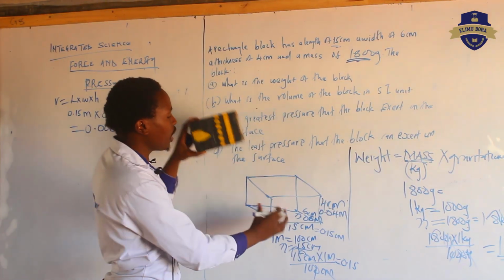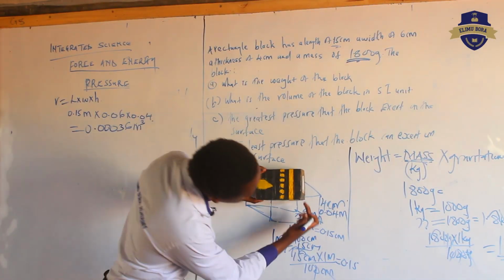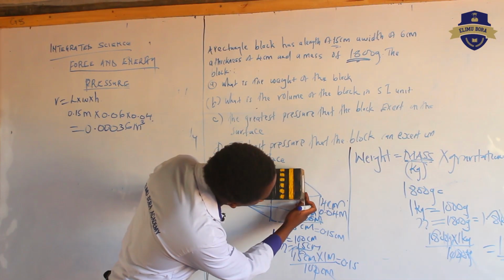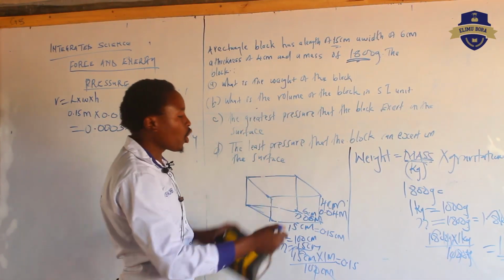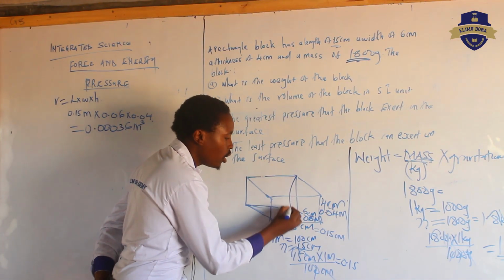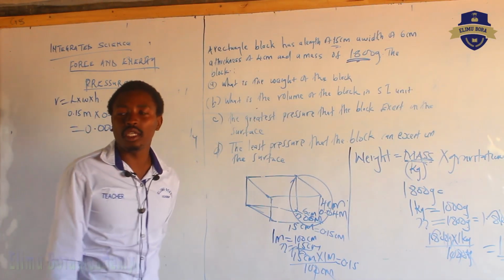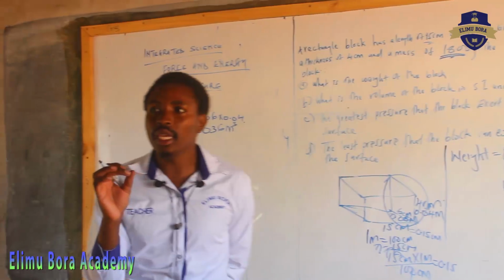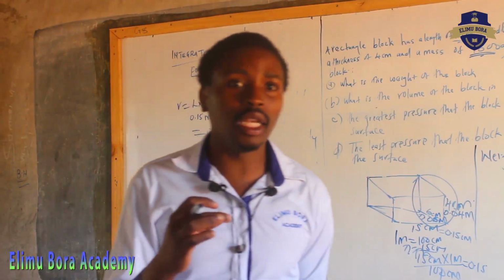So these are now the units that they're determining from this box. When they're determining the pressure, this side becomes the greatest because the surface of it is small. And we said when the surface is small, the pressure will be high, isn't it?